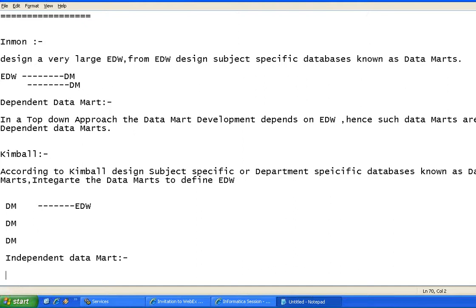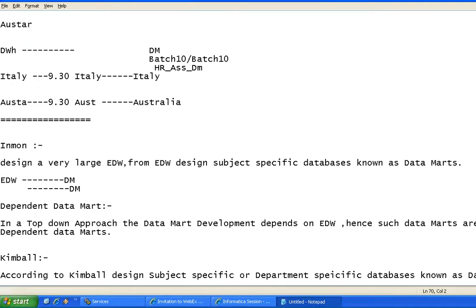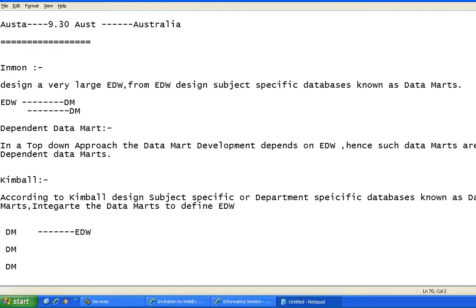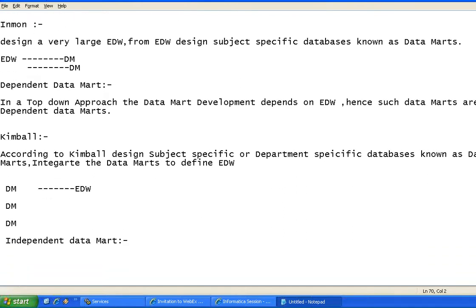Chaitanya, question here. Then the USA data mart is going to be independent and Italy is going to be a dependent data mart, right? As per the definition, in the above example, the USA data mart is independent and Italy is dependent. Yes, you're right. Thank you.